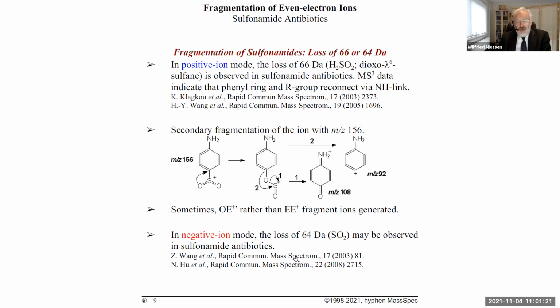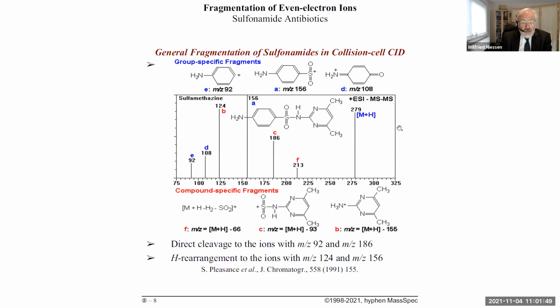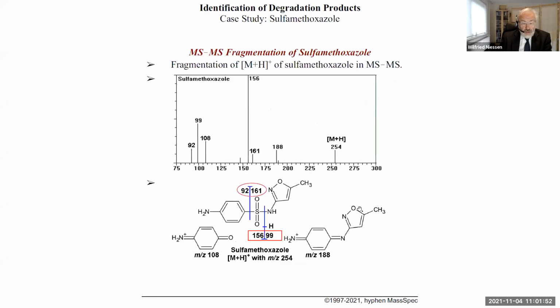And in negative ion mode, you actually see the loss of 64, so you see the loss of SO2. And as I indicated before, MS3 data suggest that the phenyl ring, so from the aniline, and the R group are actually reconnected via a nitrogen link, as I proposed for the structure for the sulfamethoxazole, like this.